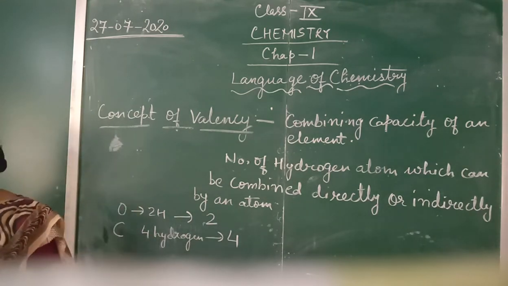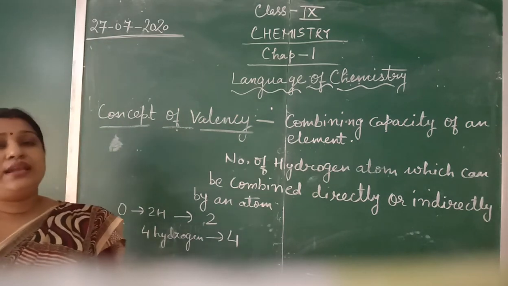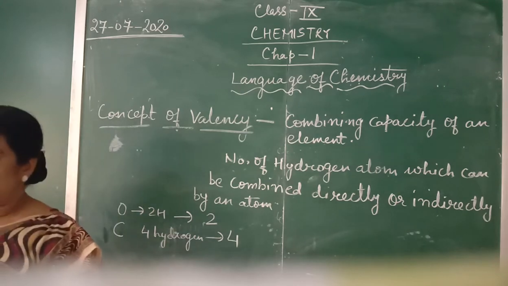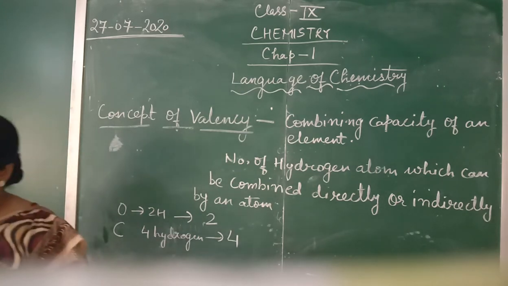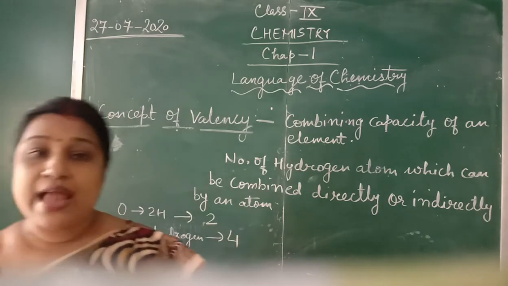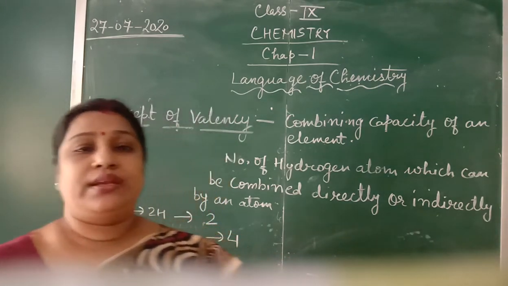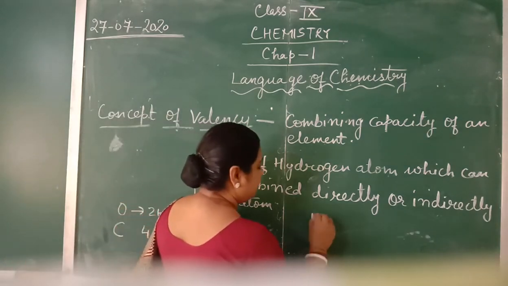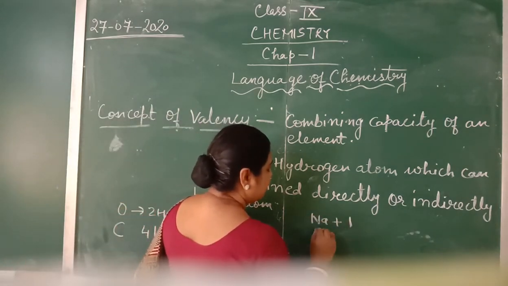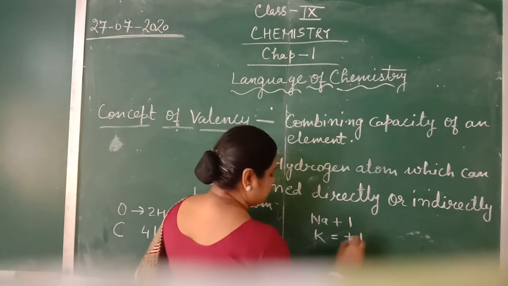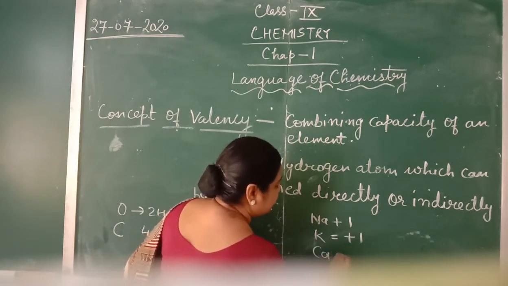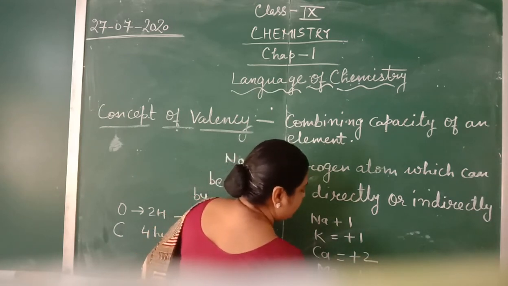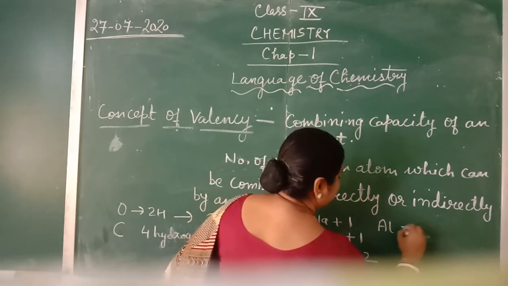Okay, and the valencies of metals are represented as positive, and the valencies of non-metals are negative. All metals have positive valencies and all non-metals have negative valencies. Like sodium, potassium valency +1, calcium's valency +2, magnesium's valency +2, aluminium's valency +3.